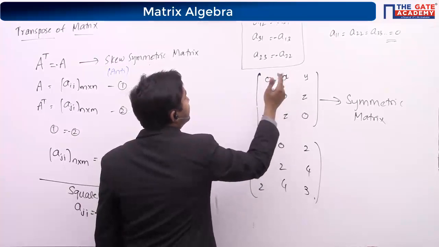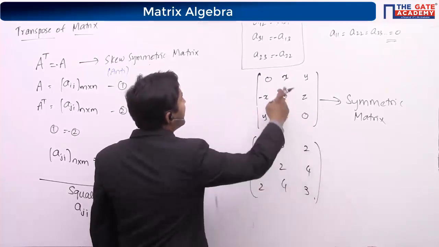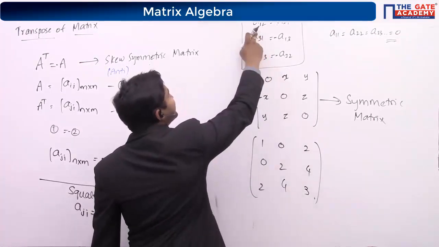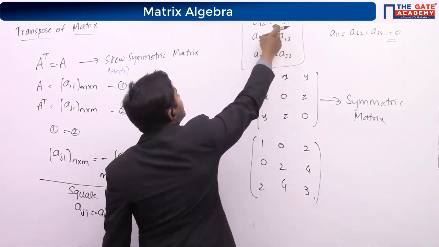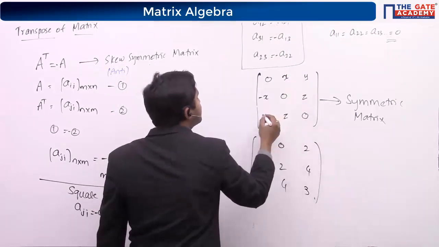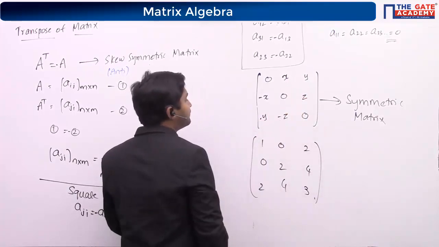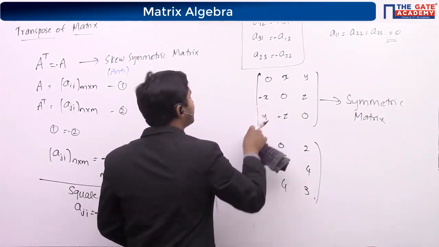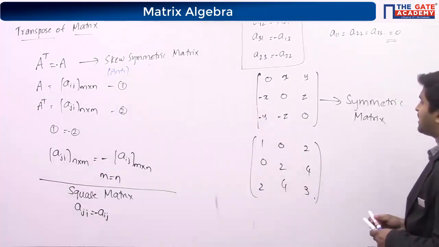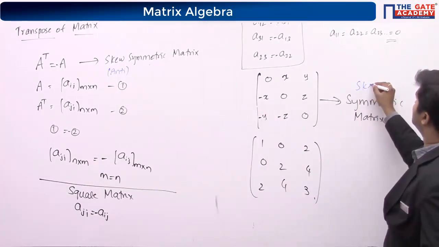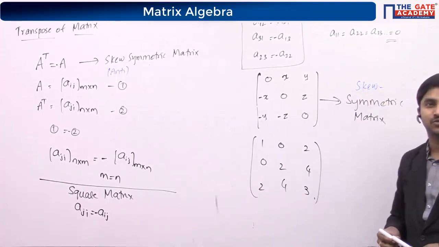If I have an x here, there will be a minus x here. If I have the a12 value as x, then a21 should be equal to minus x. If I have y here, there will be a minus y. If I have z here, there will be a minus z. So this is how a skew symmetric matrix is going to be.